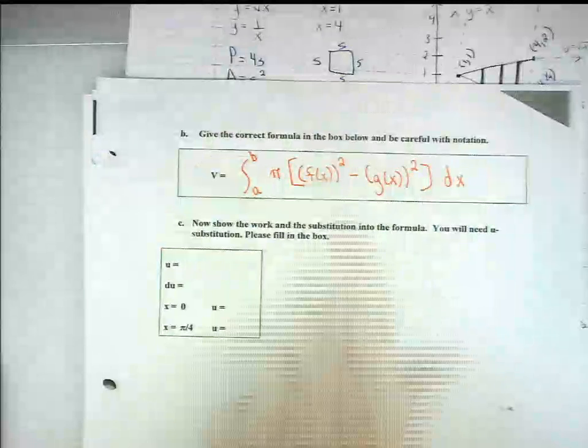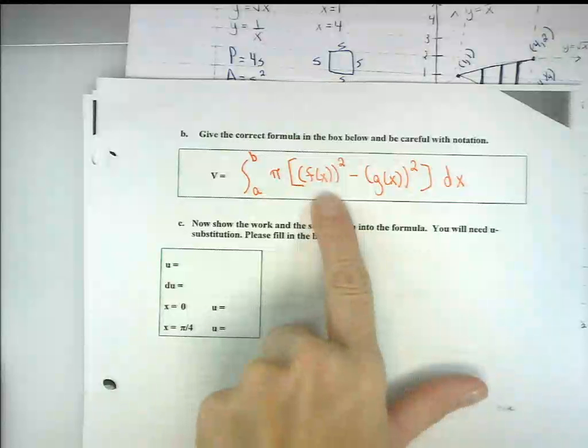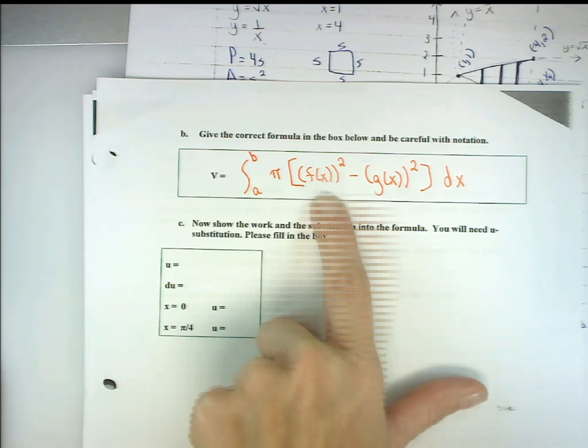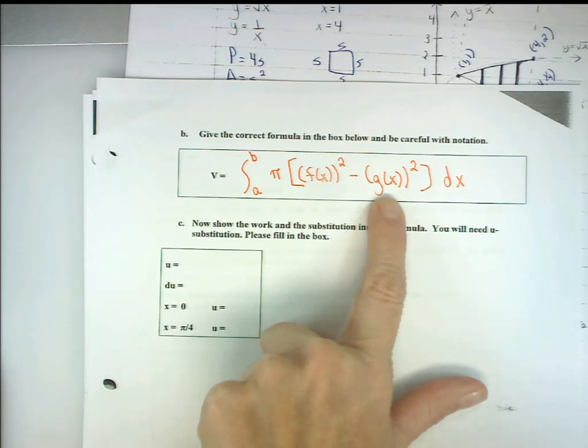Again, use an extra set of grouping symbols here. This f of x represents the larger radius, and this one, g of x, represents the smaller.